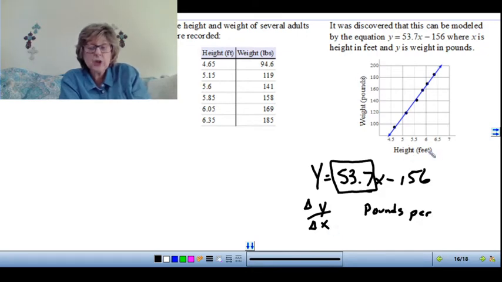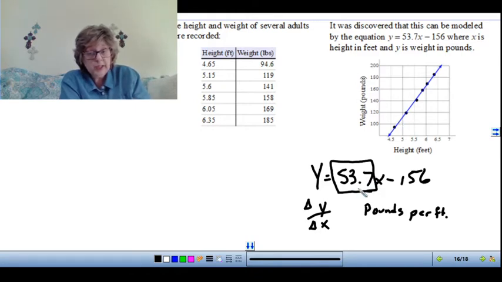My x's are measured in height, in feet. So what is it saying? Well, it's positive, so it's going up, 53.7 pounds per foot. That's how you interpret the rate of change or slope when we're dealing with a regression line.